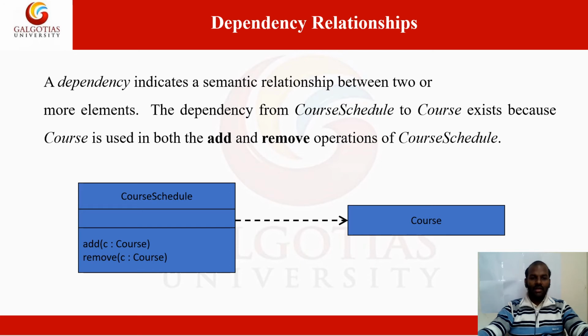Here they show course schedule as one class name and course as another class name. Course schedule always depends upon the course, because without a course there is no course schedule. I can give another example: employee and salary. So this is another kind of aspect.